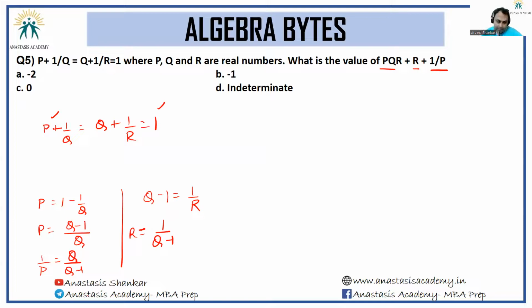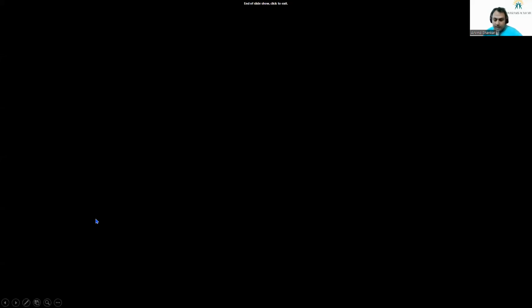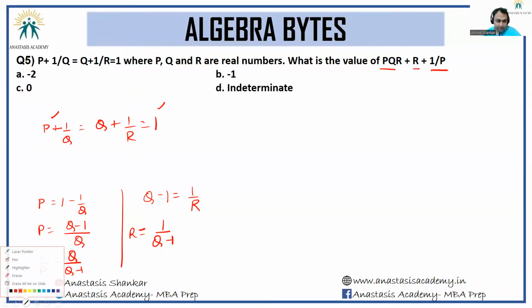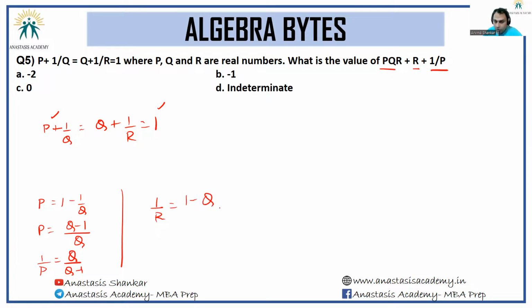No, I have made a terrible mistake, which is what should have arrived at a different expression, which I'm not arriving at, which is unacceptable. I have made it incorrect here. Let's see. It should be 1 by r is equal to 1 minus q, not q minus 1, or r is equal to 1 by 1 minus q.